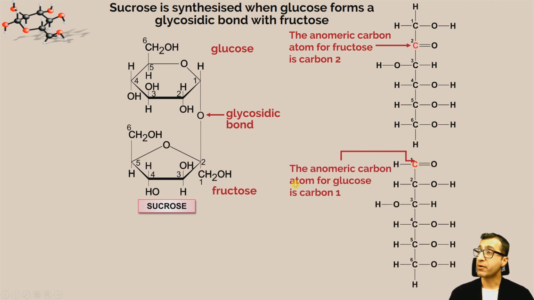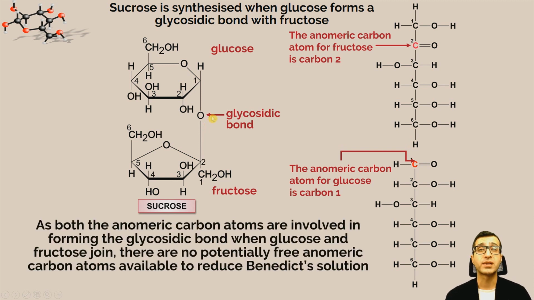And so the anomeric carbon for glucose, again, to remind you, was carbon 1. And so, as both the anomeric carbon atoms are involved in forming the glycosidic bond when glucose and fructose join, there are no potentially free anomeric carbon atoms available to reduce Benedict's solution, and therefore sucrose is a non-reducing sugar for this reason.